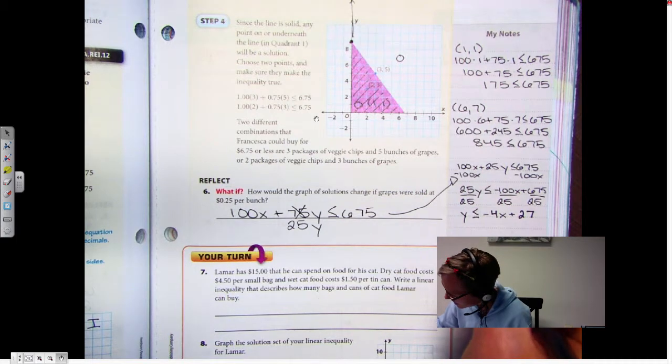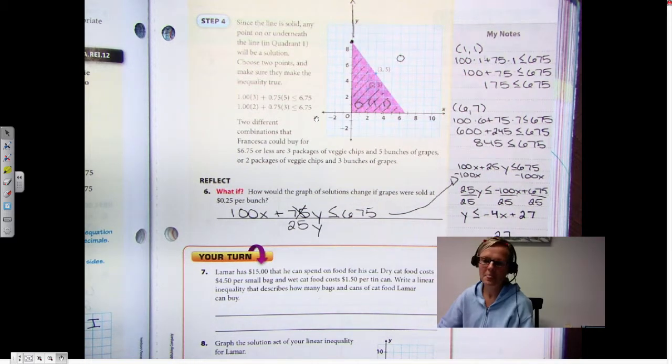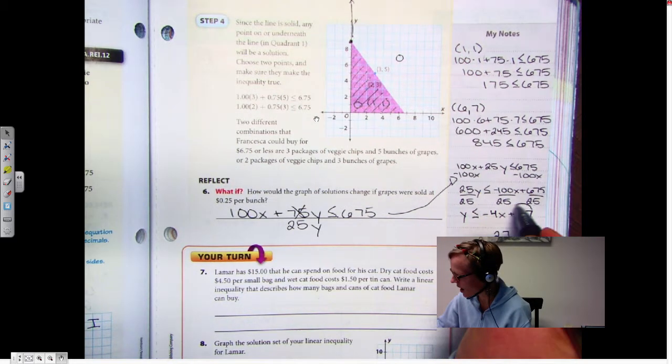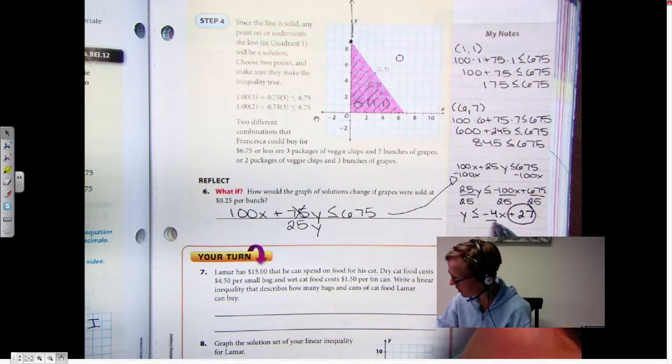That's right. Let me just double check it. 675 divided by 25. Yes, 27. So it would move my y-intercept up to 27, and it would have the slope of -4 over 1.